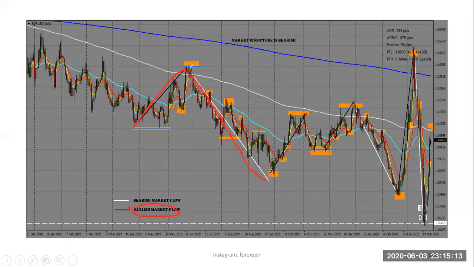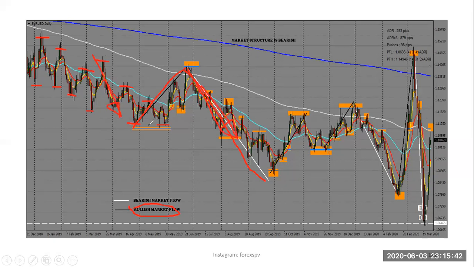When there is a bearish market flow, from this point here, you can find that these swing highs that were formed were not taken out, except for this one. But all the swing lows that were formed, all these short-term lows, were taken out by price when price reversed to go short.